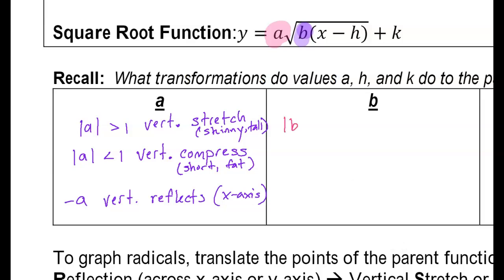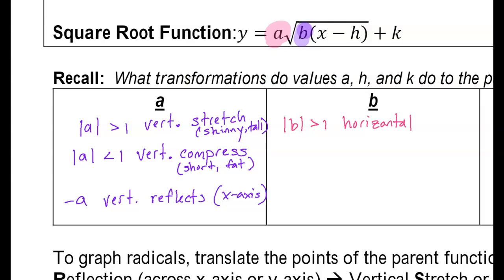So, what does b do if it's greater than 1? It's a horizontal. It's backwards from a. If a is bigger than 1, it's a vertical stretch.